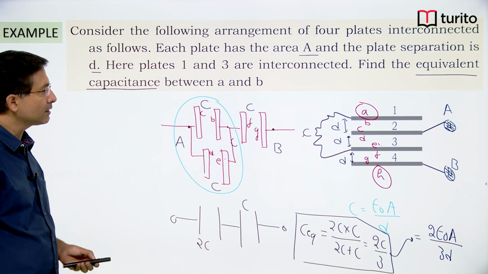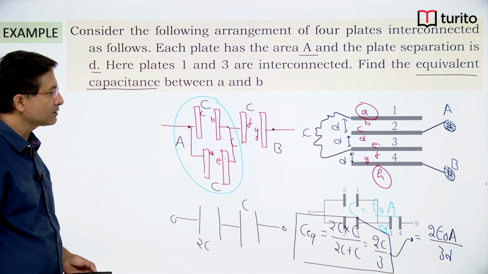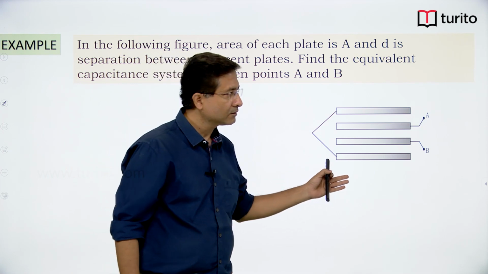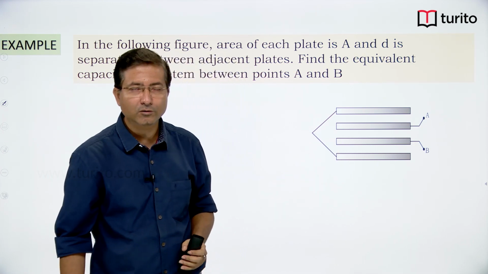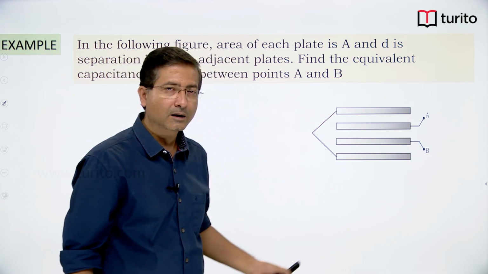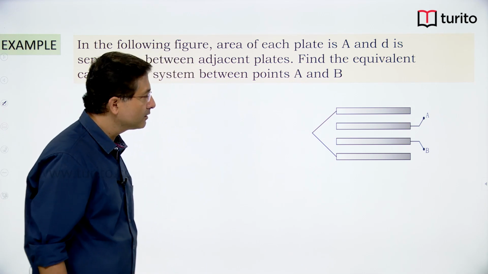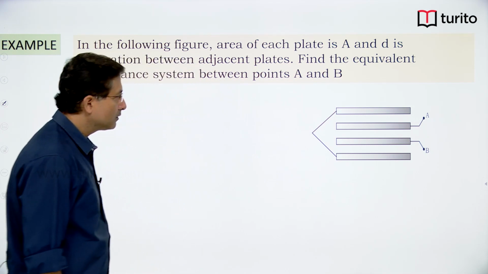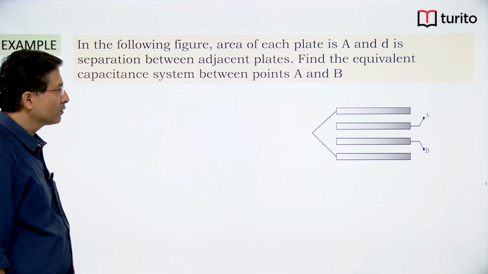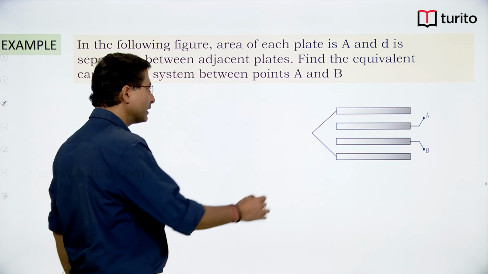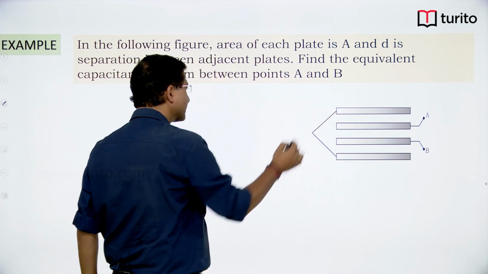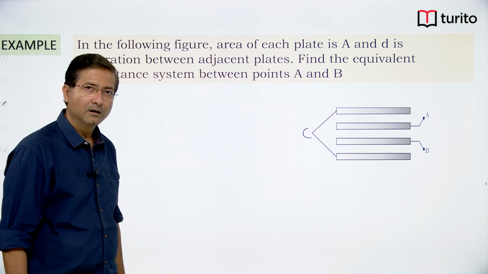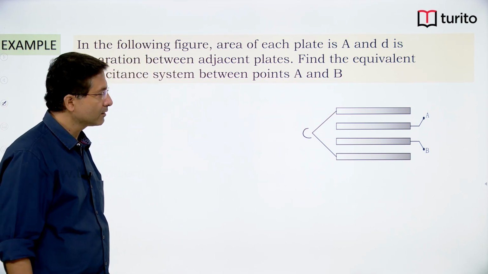Let us take one more example based on the same thing this way. So, the topmost and the bottommost, they are connected by conducting wire and you are asked to find out the equivalent capacitance, right. Again you can see as these two are connected by conducting wire, I can name them as a single terminal C, right.